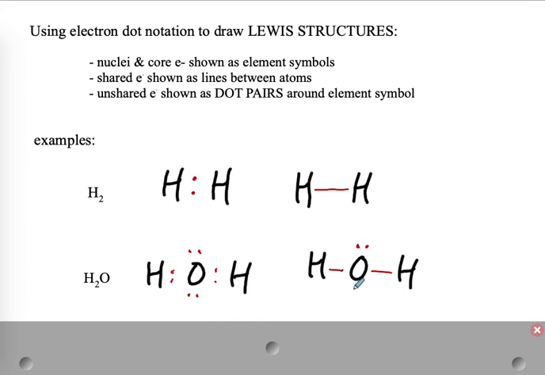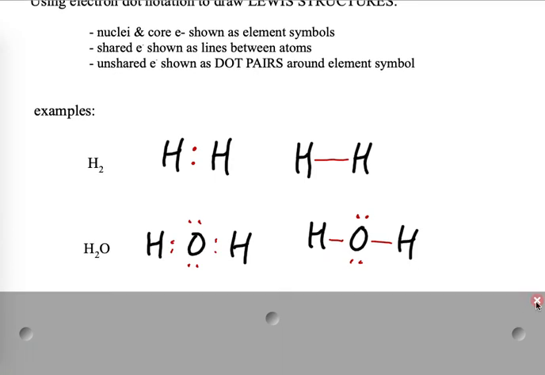The oxygen atom then has 2 unshared pairs. Notice that the oxygen atom is surrounded by 8 electrons, 4 shared electrons and 4 unshared electrons, for an octet. Each hydrogen, by sharing a pair of electrons with oxygen, is surrounded by 2 electrons, which, again, for hydrogen, corresponds to a filled valence shell.